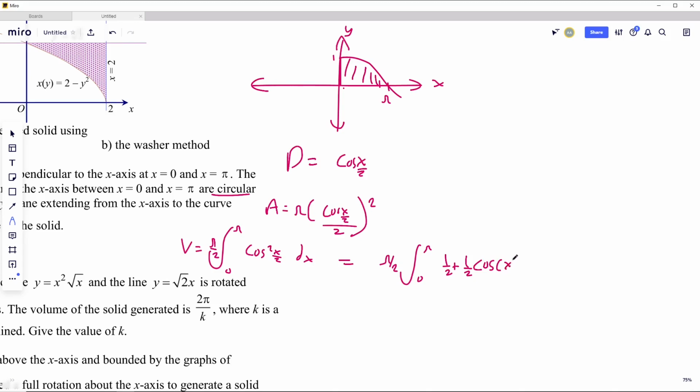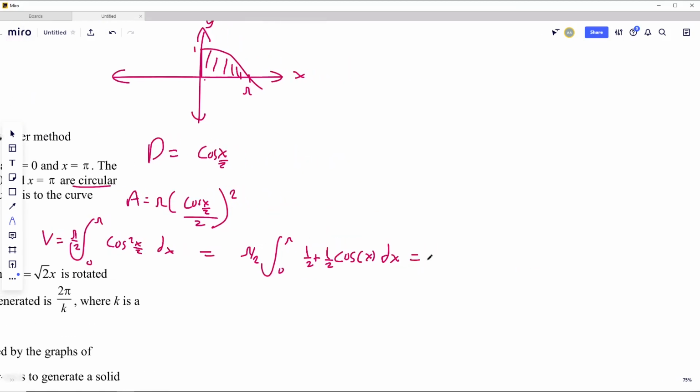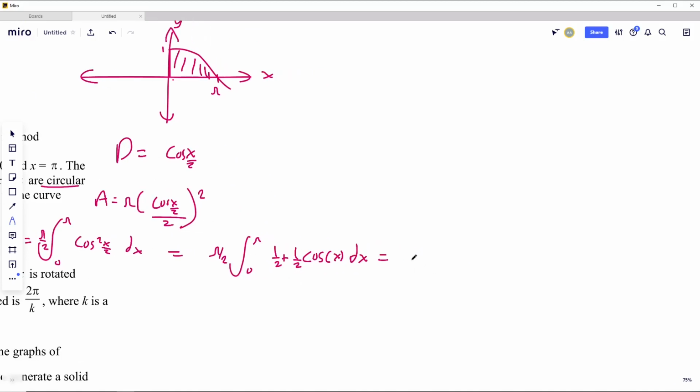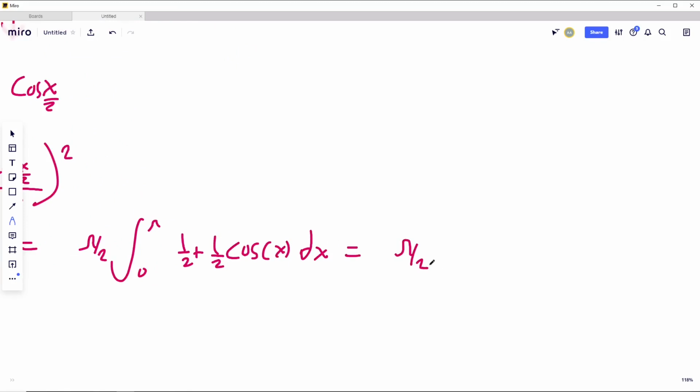So it's going to be cosine x, because 2 times x over 2 is x, dx equals, I just replaced. Now we integrate pi over 2, and this is 1 over 2, this is 1 over 2 x plus half cosine.